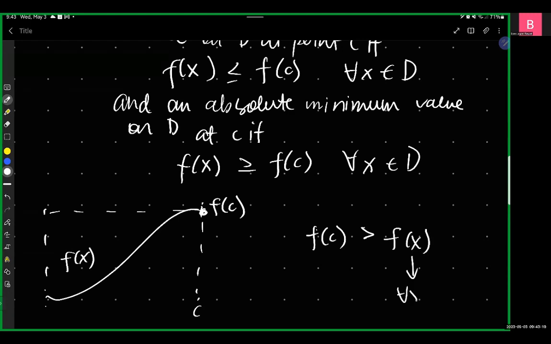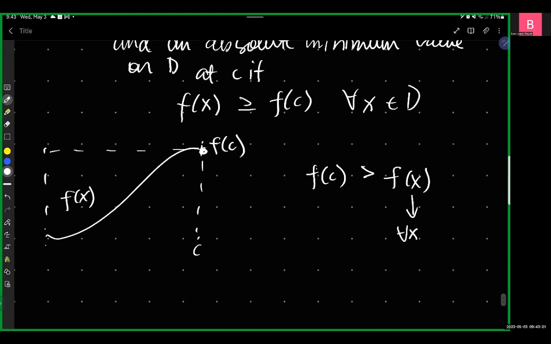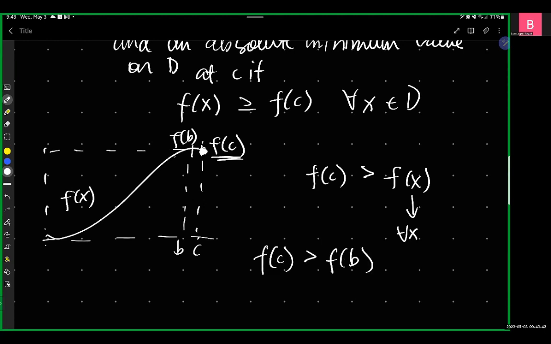Notice that for any value less than c, for example this letter b, if you take the point b, this must be f of b, and you can see that f of c is still higher. So f of c is greater than f of b. Now let's take another point, f of a.